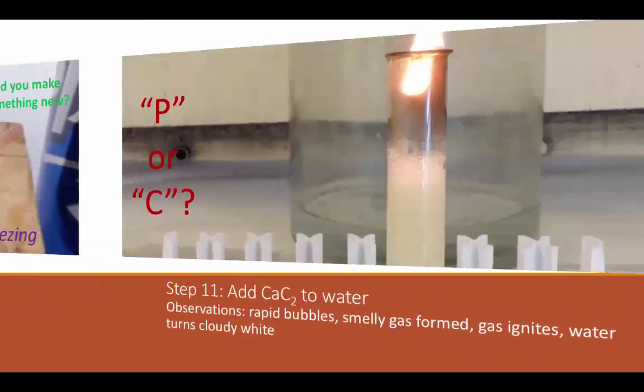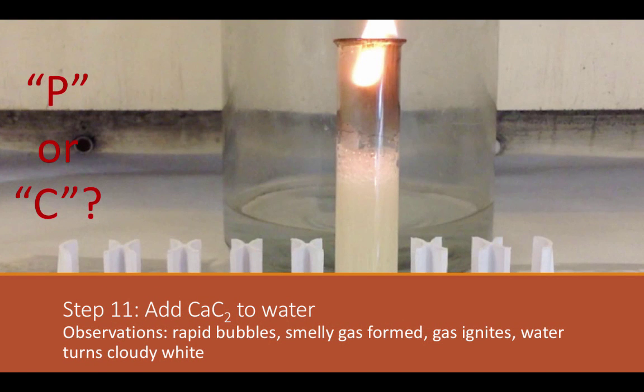The final interaction you witnessed was placing a pellet of calcium carbide into the water. You should have observed rapid bubbling and formation of a gas. The water turned cloudy white, and when a flame was applied to the gas, it ignited. Did you make something new? Well, we took a brownish solid, added it to colorless water, and produced a cloudy white solution.